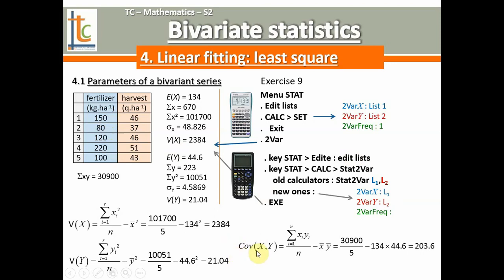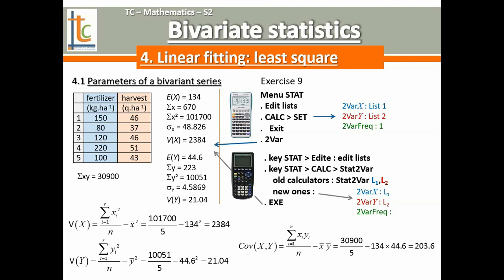So that's not the derivative of a function with a nice curve in your frame, but that's the trend of a point cloud, the global trend. And of course, in case of a negative covariance, it means that y tends to decrease as x tends to increase.